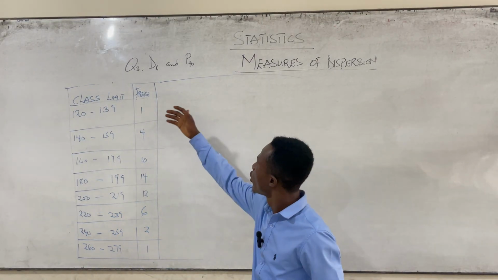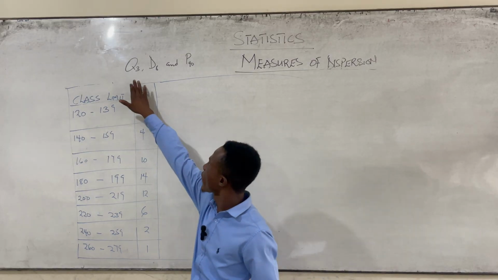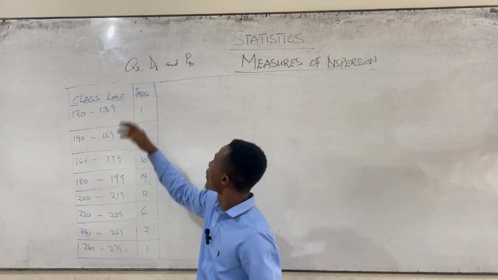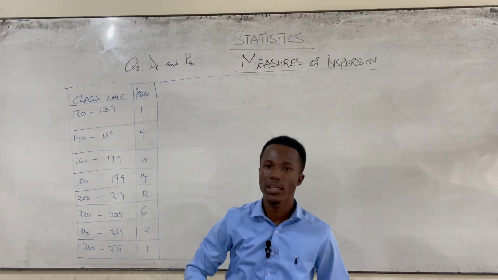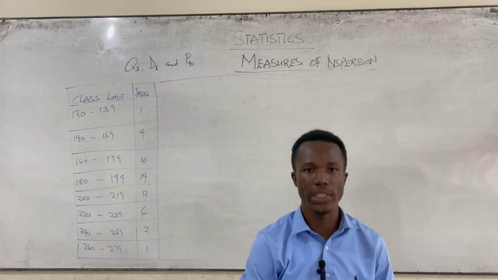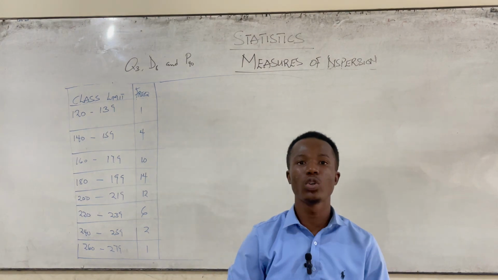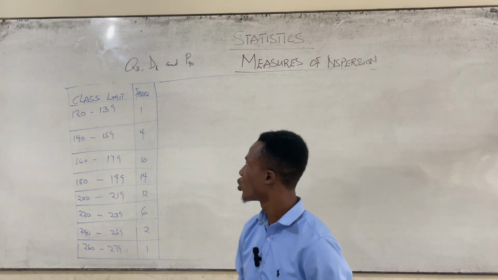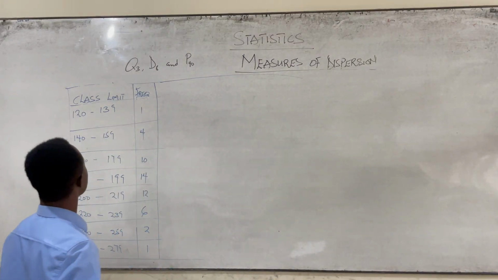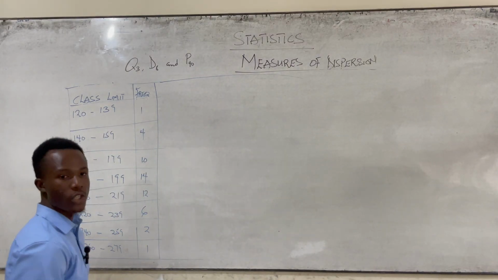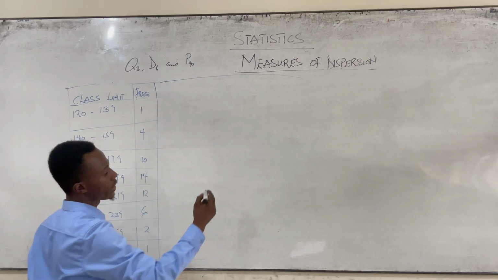We are going to look at the third quartile from this grouped data, the 8th decile from this grouped data, and the 40th percentile from this grouped data. Already we have looked at how the formula is, so I think everything is going to be smooth and very exciting.